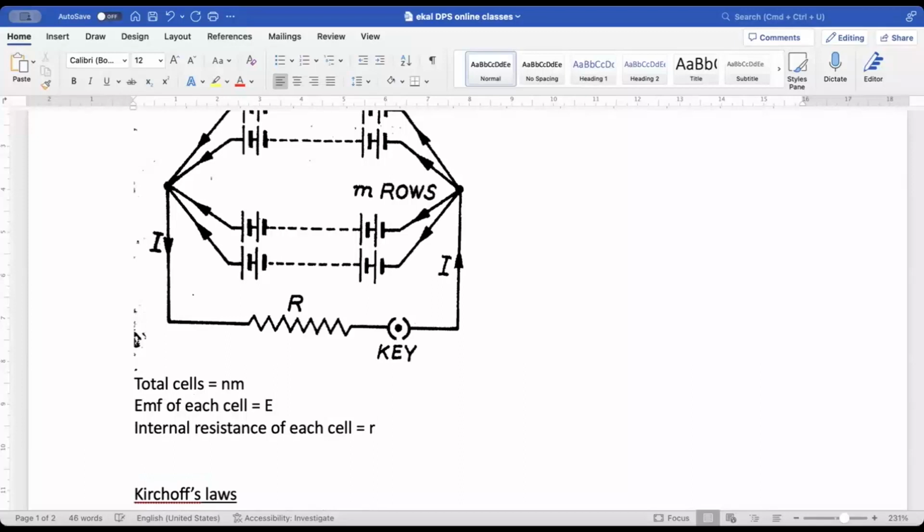And external resistance, as shown in the figure, this is R. External resistance is equal to R.